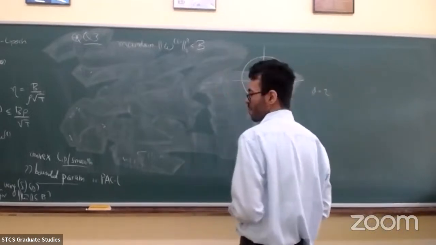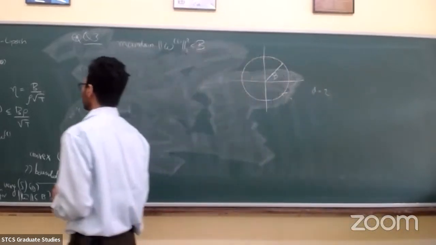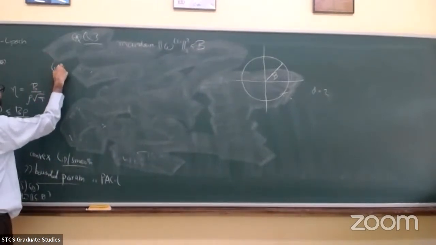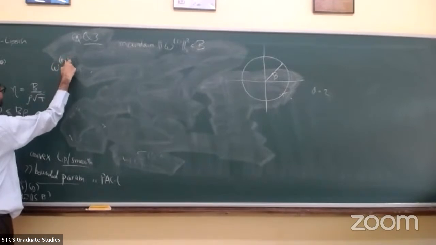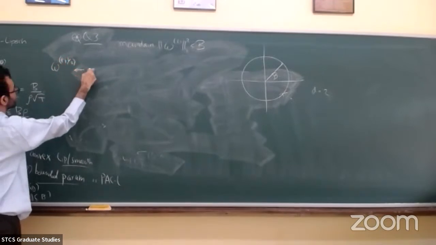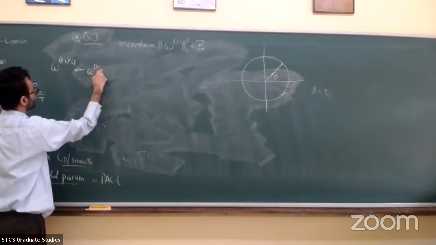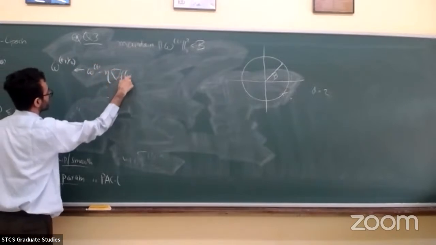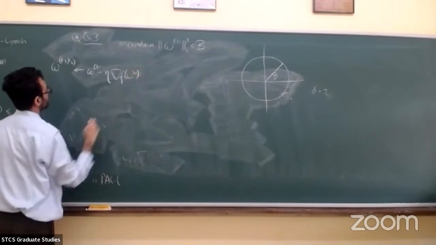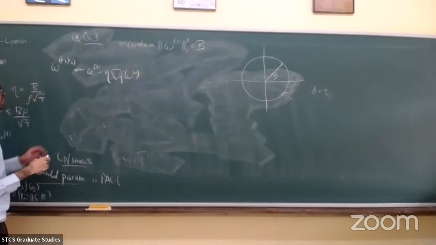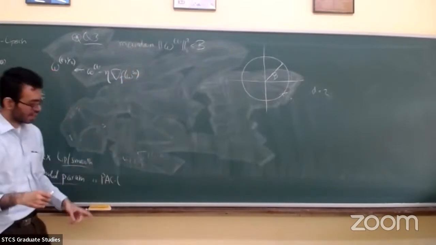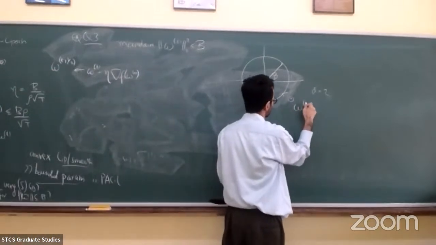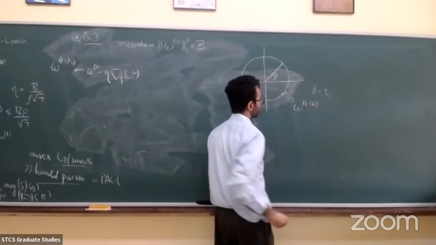Often people write this in a bit of a funny way. They write W_{t+1/2} as WT minus eta times the gradient of WT. So the half step gets this point, W plus.